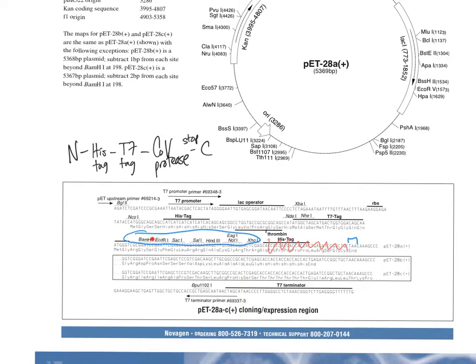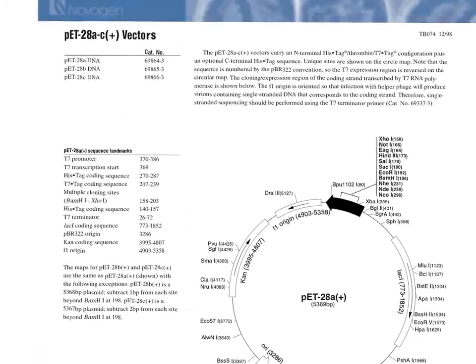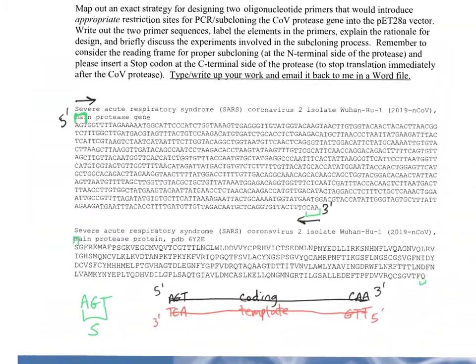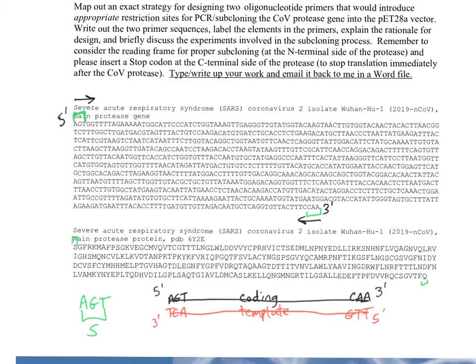And then we want it to start somewhere in here, but the protease itself, clearly we have to have something on the left, the 5' part of the gene itself. So we're going to want restriction enzyme 1 to be over here. Restriction enzyme 2 that we're going to include is going to be over here.